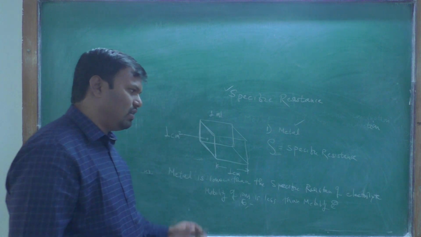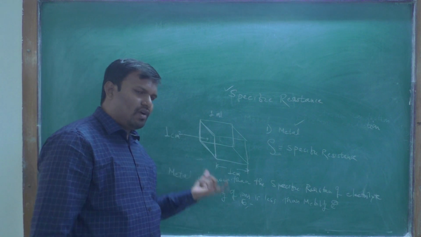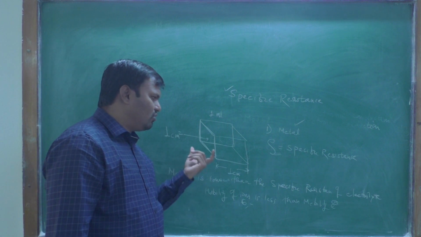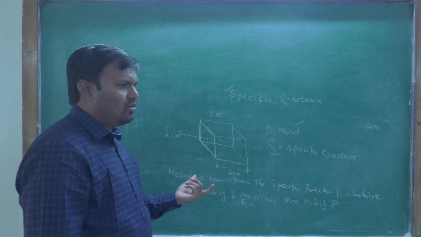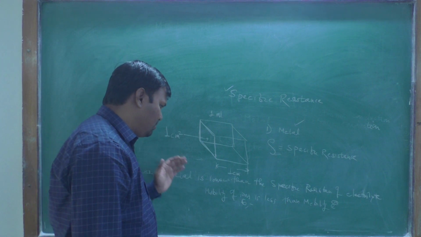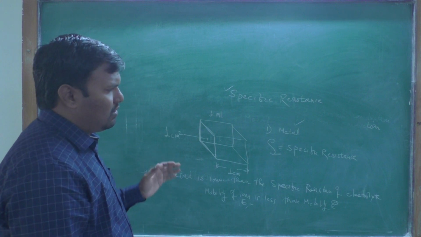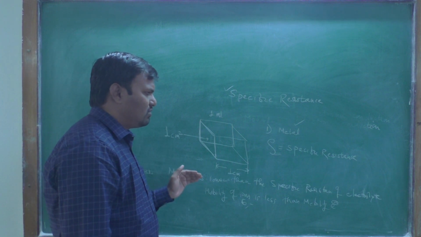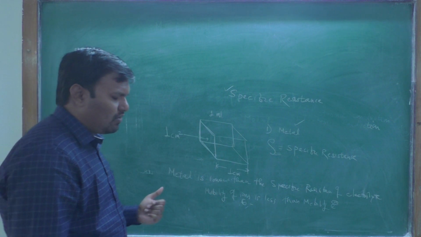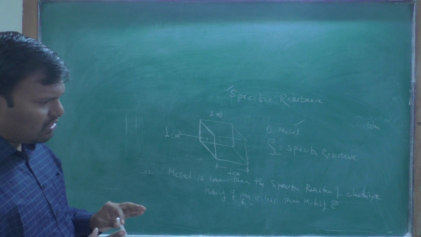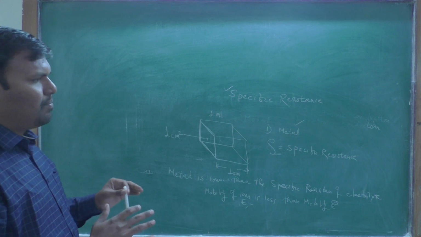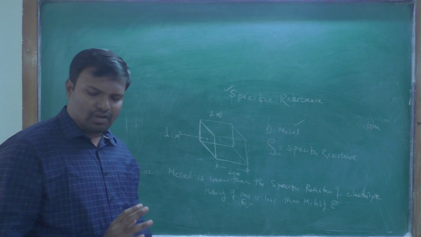Electrons move very fast in metal, while ions move very slowly in electrolytic conduction. Therefore the specific resistance of a metal is less than the specific resistance of an electrolyte. This is all about the comparison of metal with electrolyte regarding specific resistance.